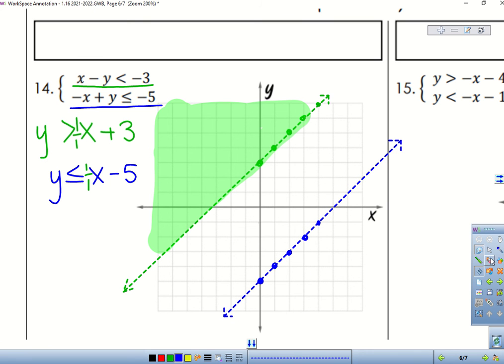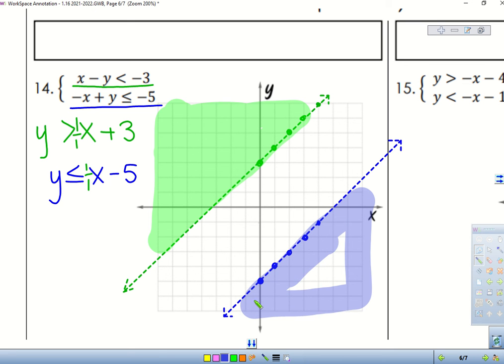The alligator is not eating the y, so I'm going to shade below. Now that we have this situation, let's see what we can figure out. Will these shaded regions ever overlap each other? No. So this is what we call no shaded overlap, no solution.